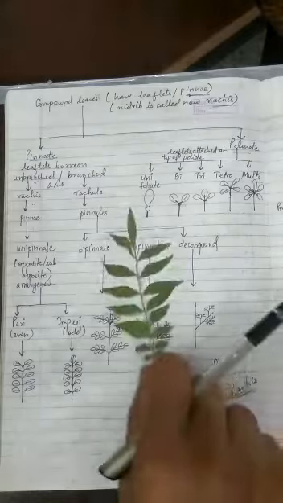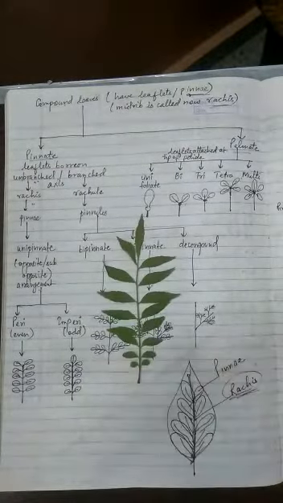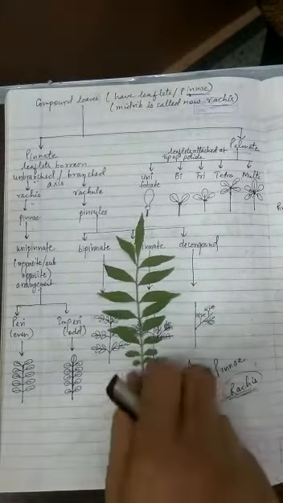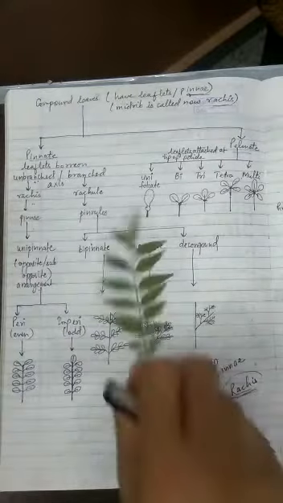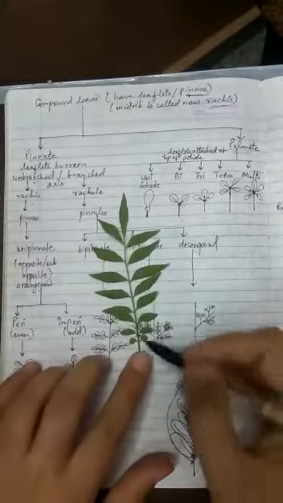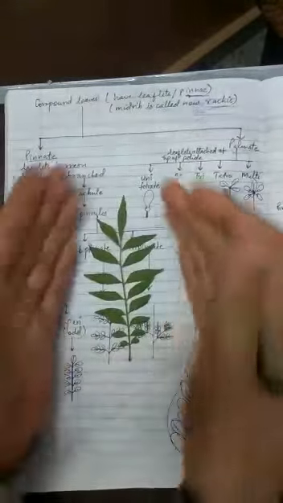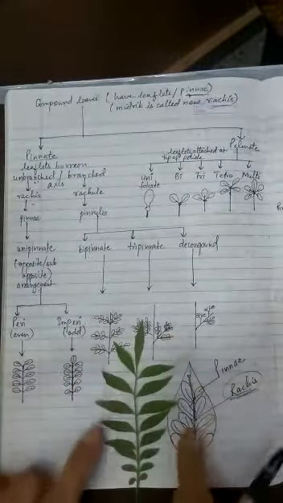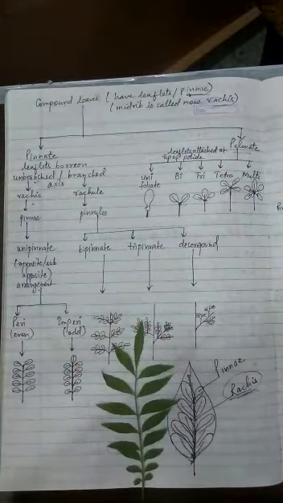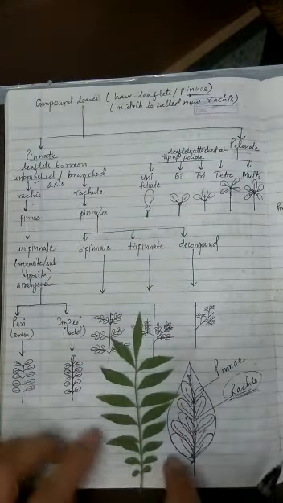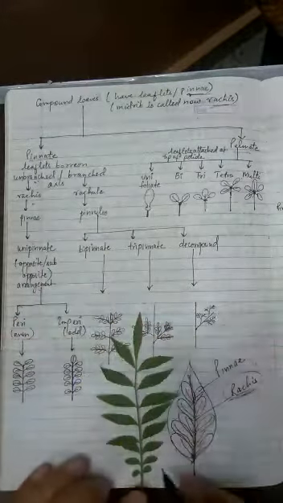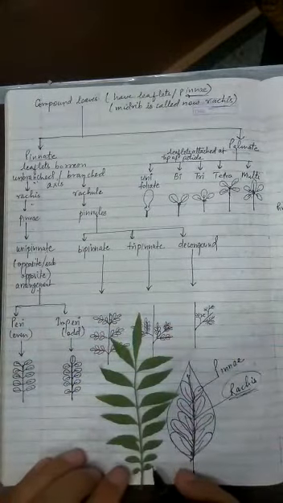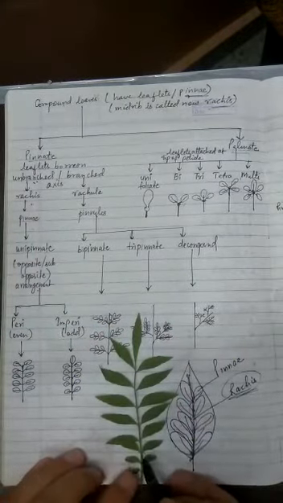This is the leaf of curry patta or curry leaf. So you can easily see this is the rachis. This was a leaf. Try to understand in the same manner. A leaf has undergone, during the course of evolution, a modification. So this leaf has modified in such a manner that the margins have come to the midrib.